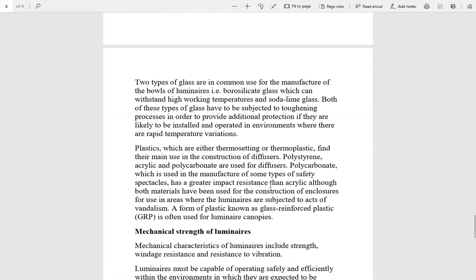Plastics, which are either thermosetting or thermoplastic, find their main use in the construction of diffusers. Polystyrene, acrylic, and polycarbonate are used for diffusers.